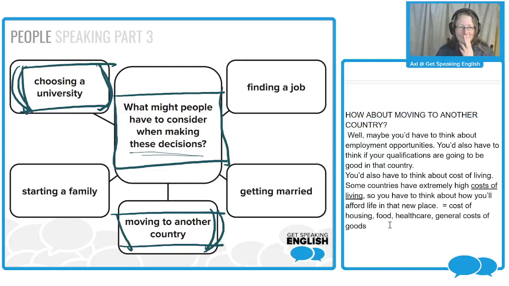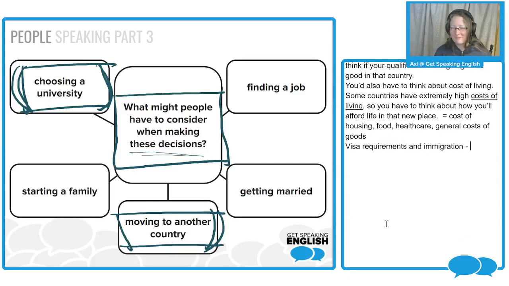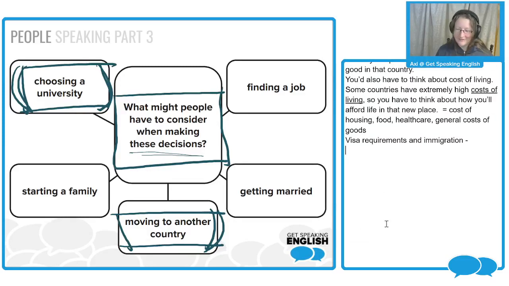You might also think about immigration and maybe visa requirements, right? Because those processes can be very lengthy processes, right?